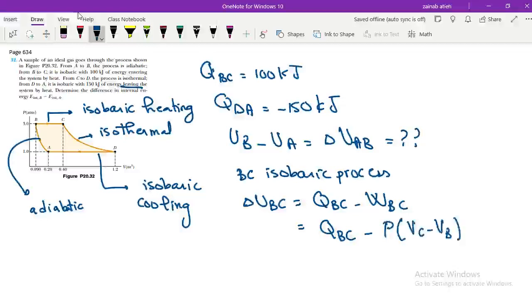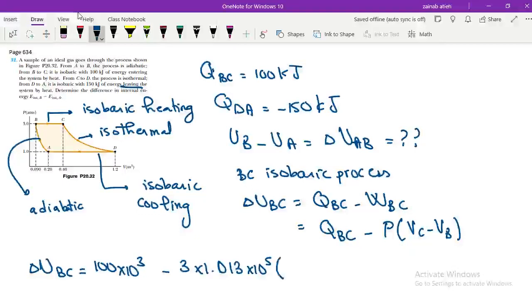Now let's substitute. Delta U BC is equal to 100 times 10 to the power 3 minus, I look at the pressure, it's 3 atmosphere. 3 atmosphere is not the SI unit, so I have to multiply by 1.013 times 10 to the power 5. This is an SI unit.